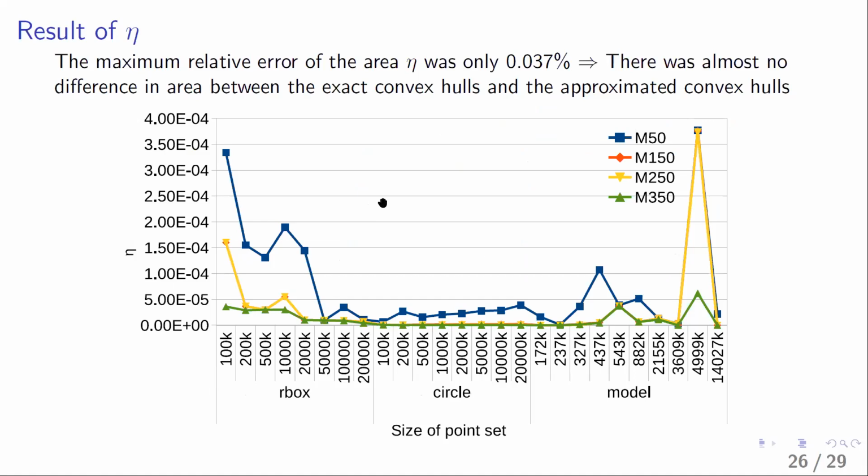As M increases, eta decreases. Thus, the accuracy improves. The maximum value of eta was 0.037%. Thus, there is almost no difference in area between the exact convex hulls and the approximated convex hulls.